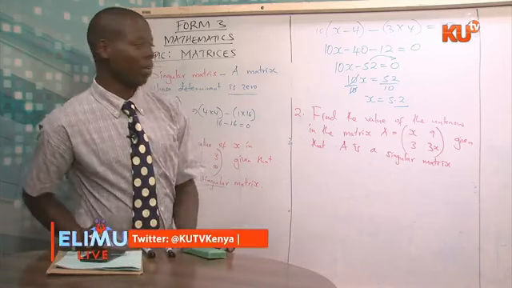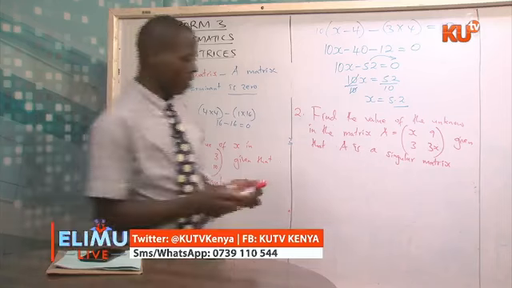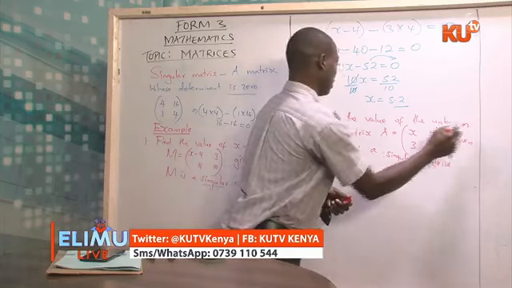We find the value of the unknown, and our unknown in this case is x.